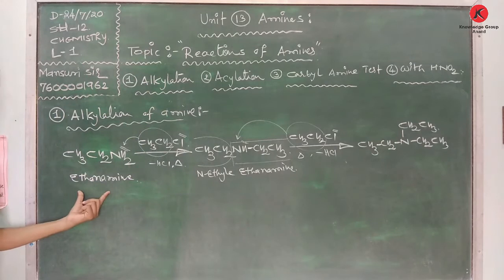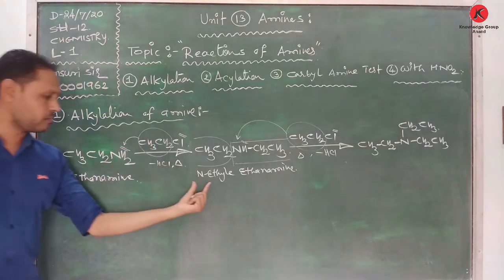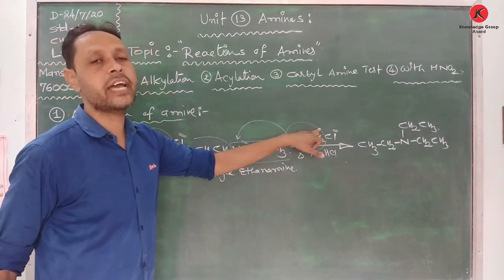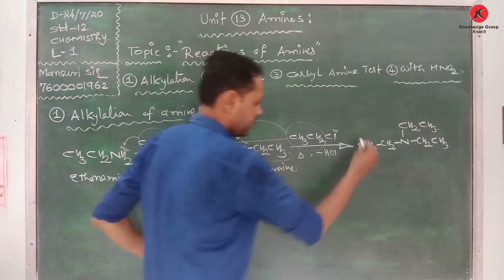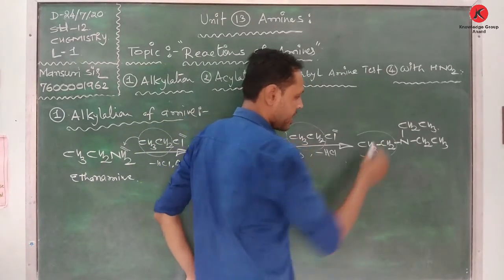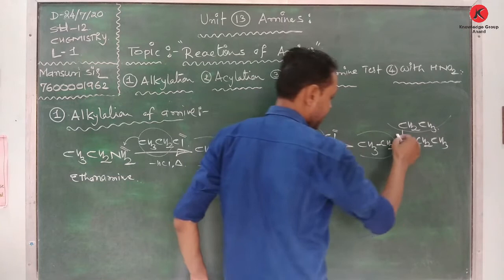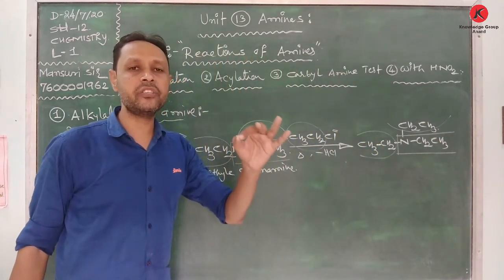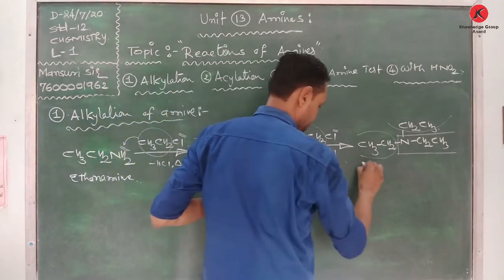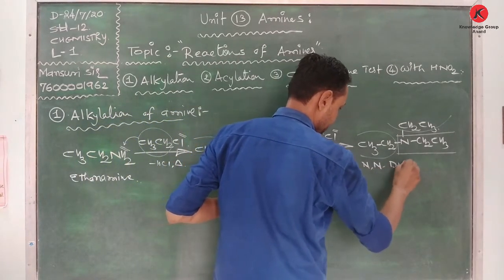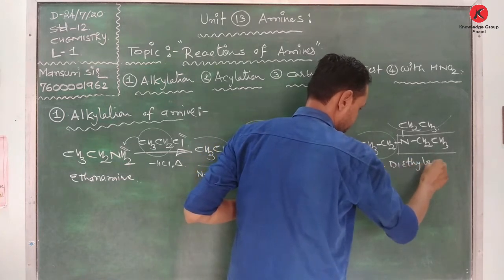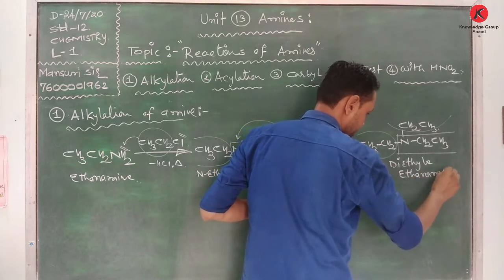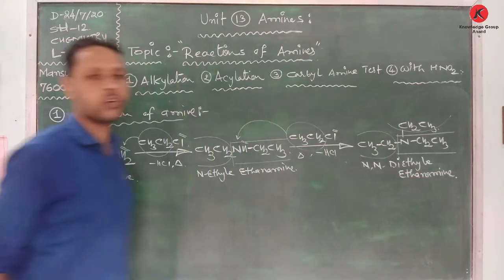So ethanamine reacts with ethyl chloride and forms N-ethyl ethanamine. Now if an excess amount of ethyl chloride is used, then there is ethyl on N, and another ethyl on N, and this was ethanamine. N,N-diethyl ethanamine is obtained.